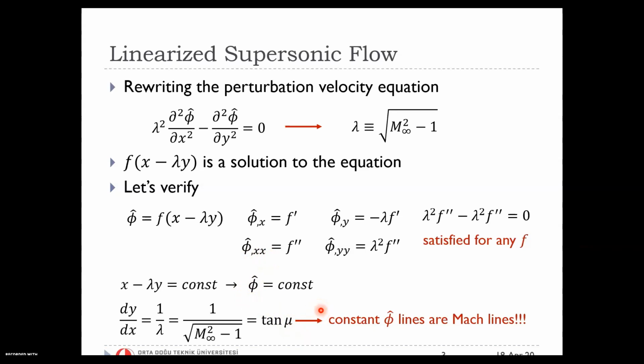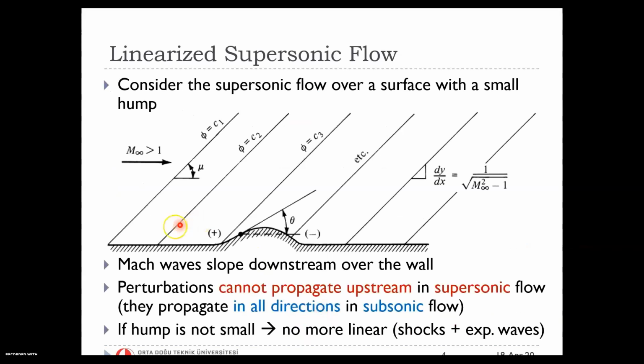If you don't remember, please go back and check what they mean. So let's look at an example where we have a supersonic flow over a wall with a hump, and as you can see, we have these phi constant lines plotted here as well.